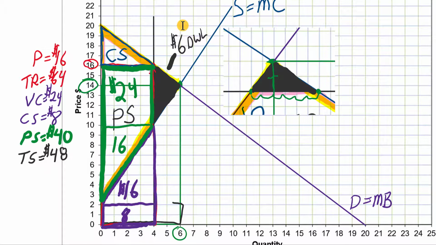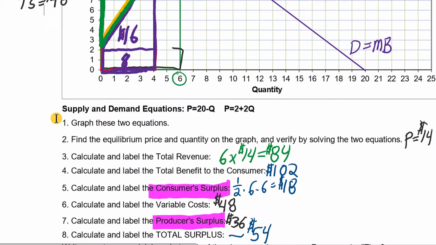If you go this far and you calculate all this out, you also get to see some more insights. For example, would producers be happier or would producers be sad at this law? And how about consumers? Would they be happy or sad about this production quota? Well, consumers, their consumer surplus is going down. It's only $8 now.